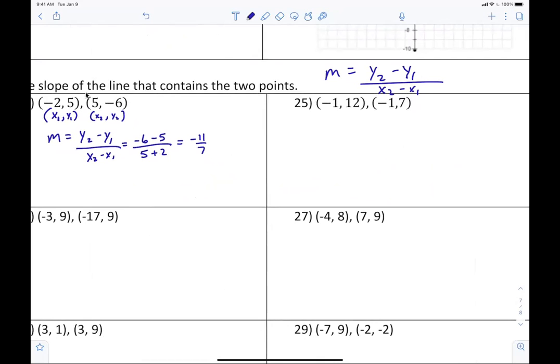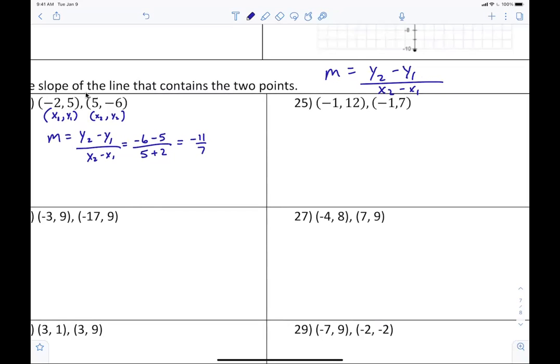It's 5 minus -2. So I just write negative there.